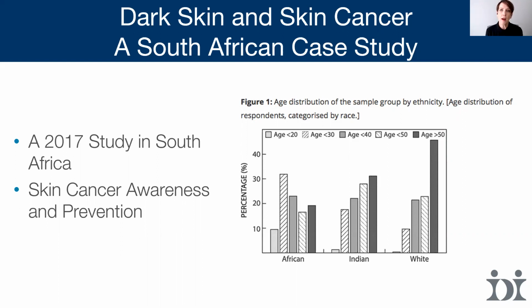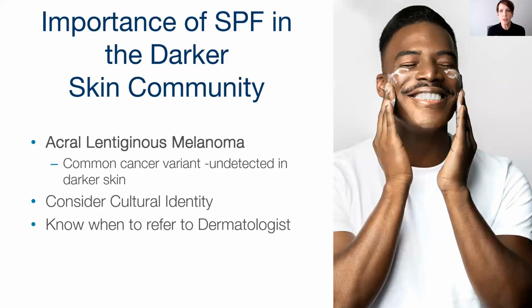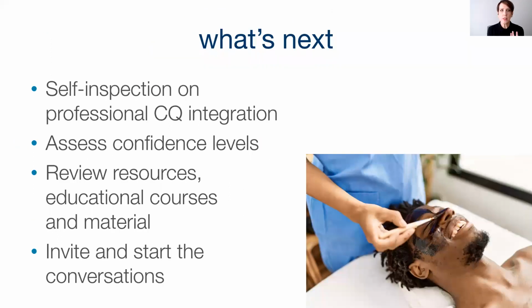I know that you also have some what's next for our skin therapists and professionals attending this conference today. What can they do to actually take some of this great information you've shared and put it into action? So I thought I would pull this up for you to review some of the next steps that can really round out this webinar before we head into Q&A.